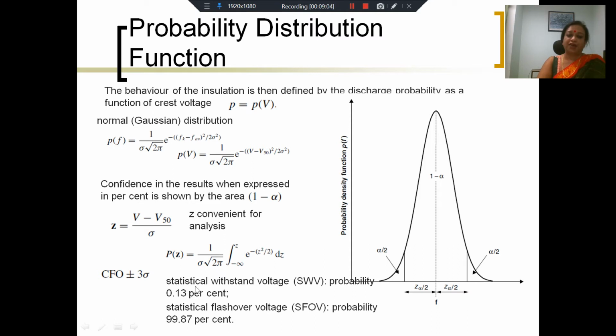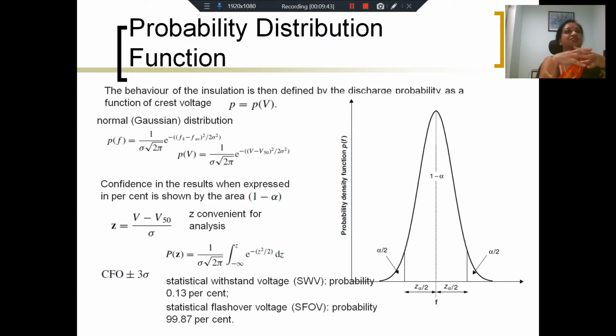Apart from that, we define what is called the statistical withstand voltage. Statistical withstand voltage is that voltage which can be withstood with 99.87% probability. That means if I apply a very small voltage such that the area under this curve is only 0.13%, and the rest of the curve is 99.87%, then that particular voltage is called the statistical withstand voltage.